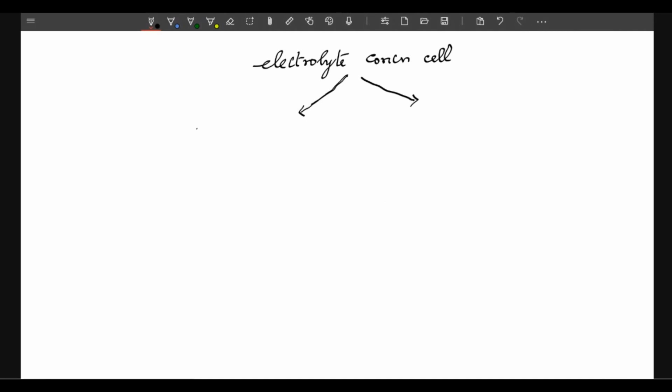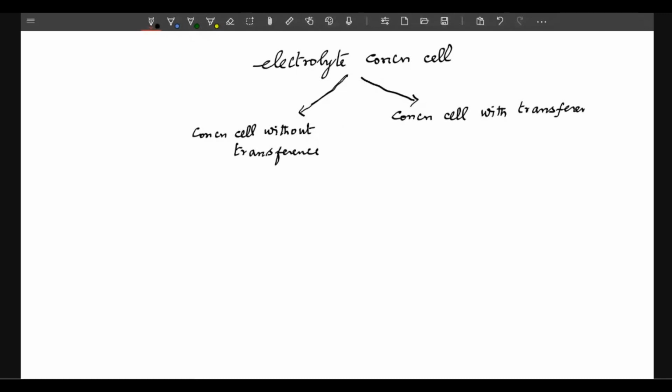One is concentration cells without transference. What do you mean by transference? I think you know this one. And another, opposite to this, is concentration cell with transference.